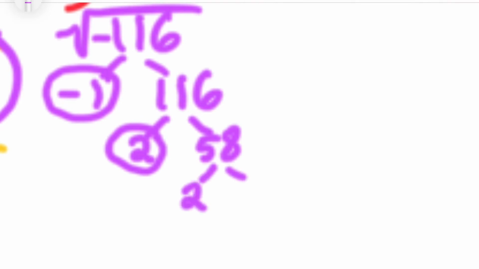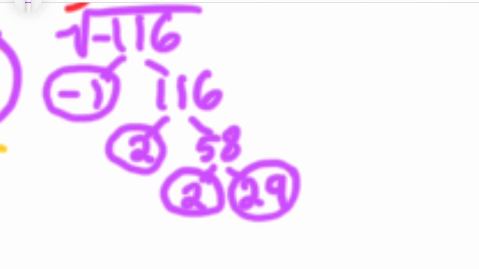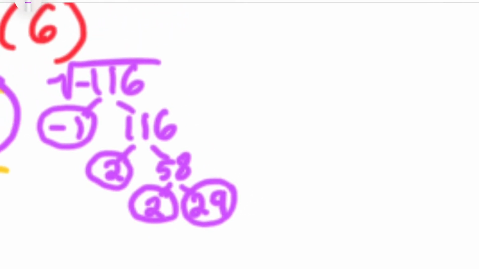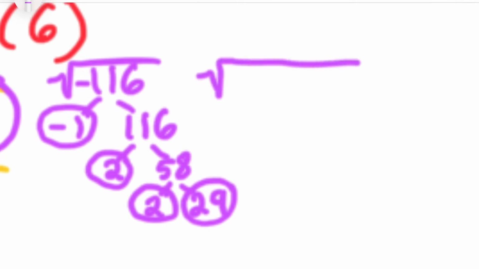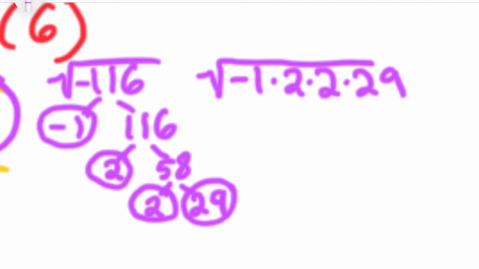So we can separate this out one more time with 2 and 29. 29 is prime and 2 is prime. So we are done. So this square root of -116 changes to the square root of -1 times 2 times 2 times 29.